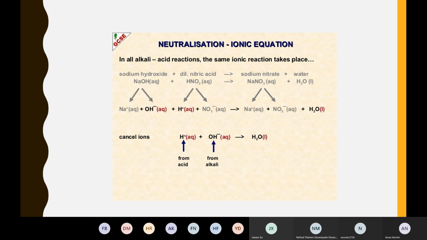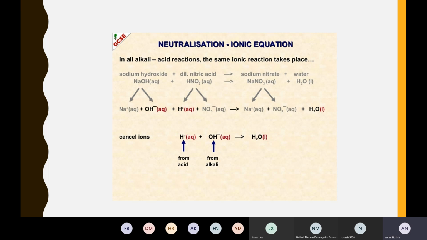So this is neutralization, like cancelling out. If you go through it, how do I see over here? Sodium hydroxide reacting with nitric acid. This is alkaline, this is an acid. They react together. They have shown you that this NaOH will split up into Na+ and OH-, positive and negative ions.